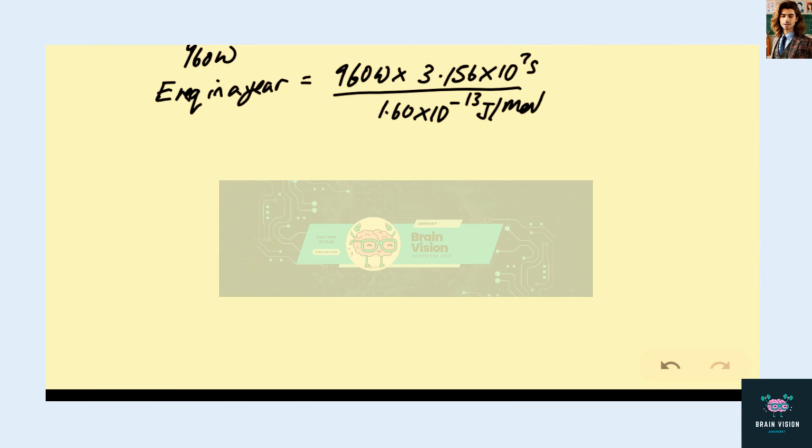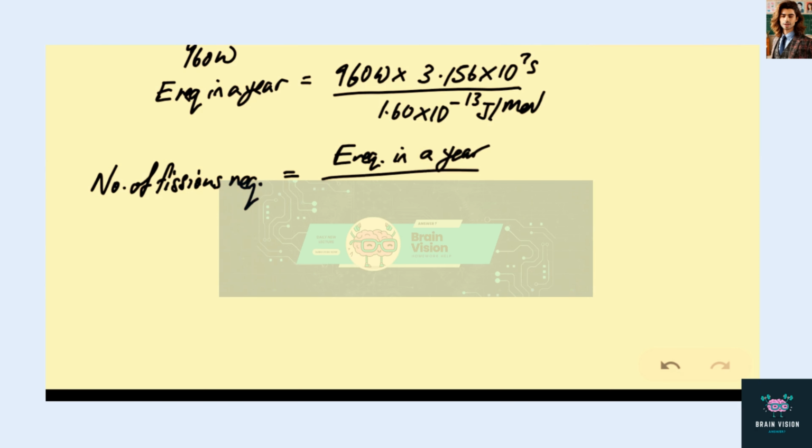So for the number of fissions required, we just have to take the energy required in a year, and we divide that by the energy released per fission, which is 200 MeV.